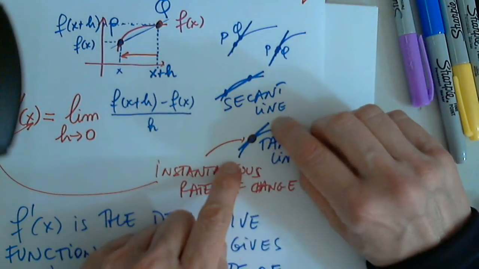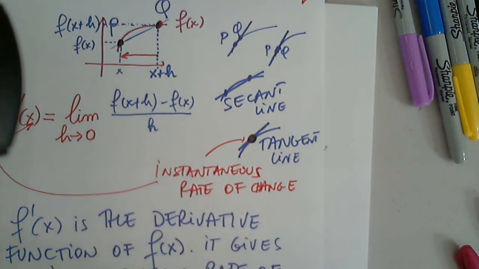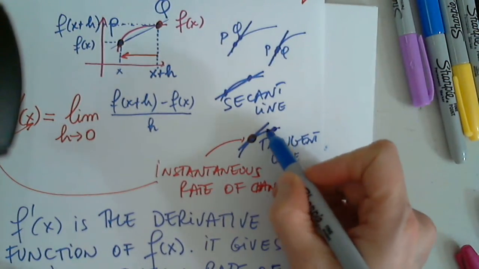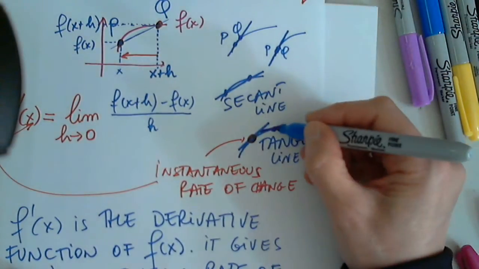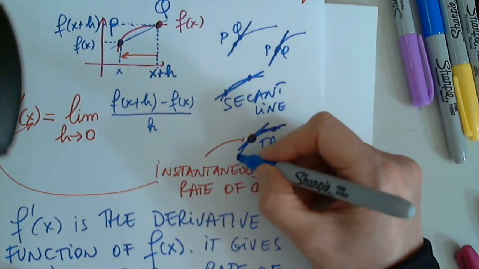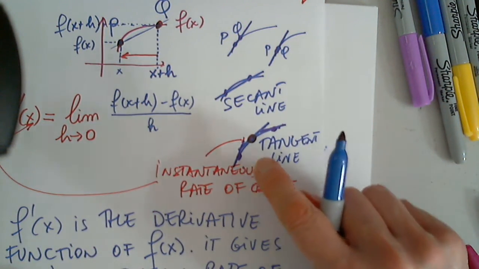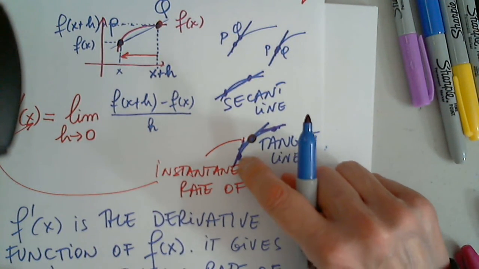So the slope of the tangent line here is the same as the instantaneous rate of change at that point.